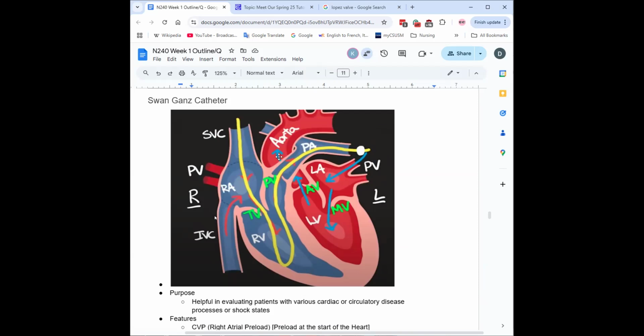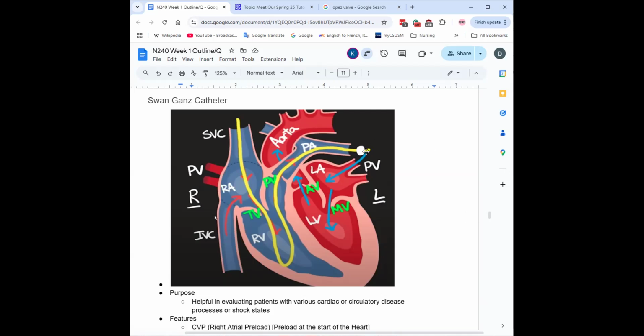It senses the pressure throughout the pulmonary artery. So you get everything that's going on through here. If you notice here, the catheter actually continues past the balloon. So when the balloon's inflated, it doesn't really make a difference. You have the pressure of this whole thing happening.